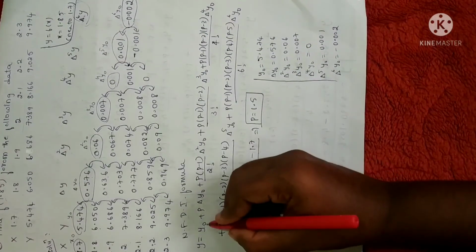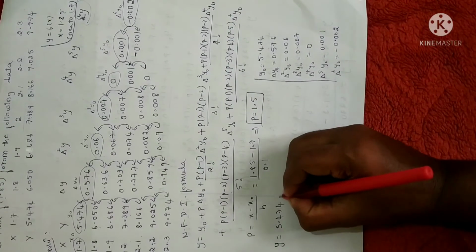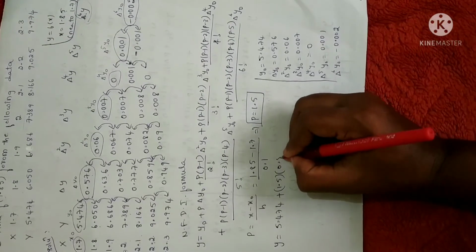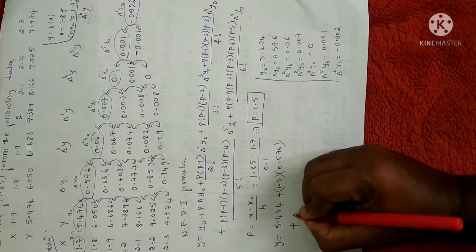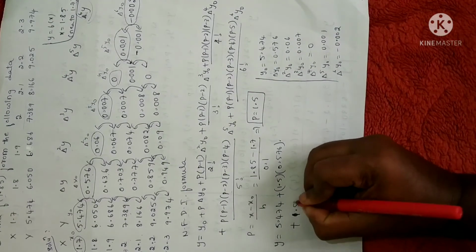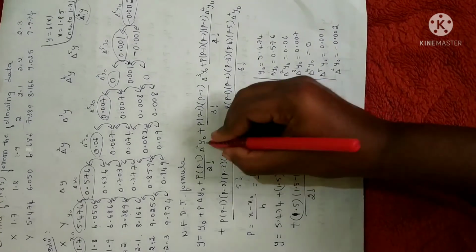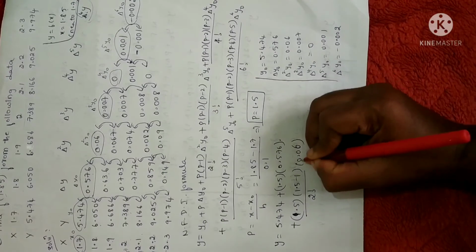y is equal to y naught, which is 5.474, plus p, which is 1.5, into delta y naught, 0.576, plus p, 1.5, into 1.5 minus 1 divided by 2 factorial into delta square y naught, 0.06.